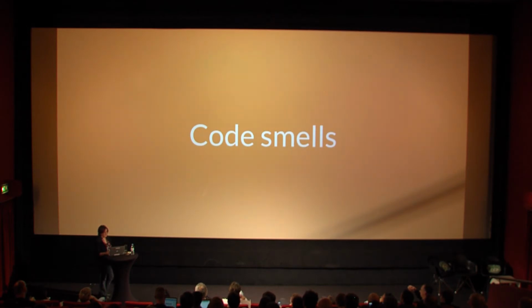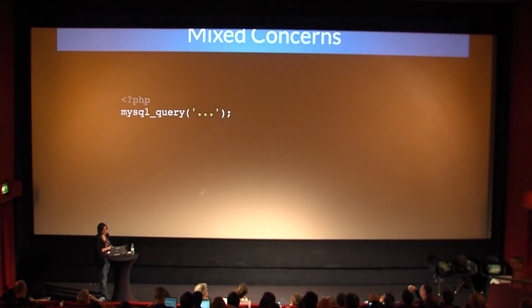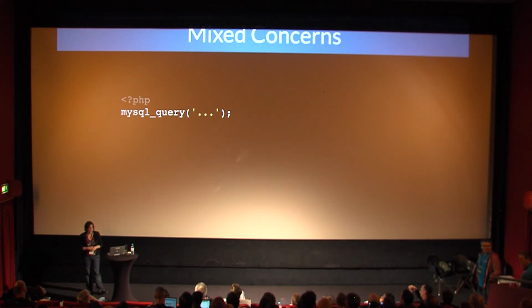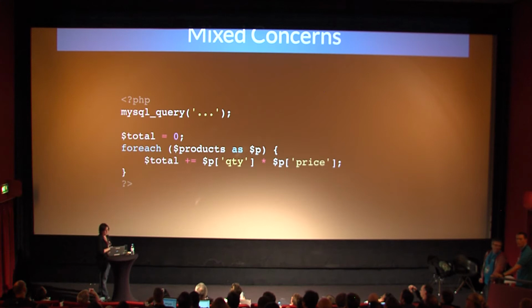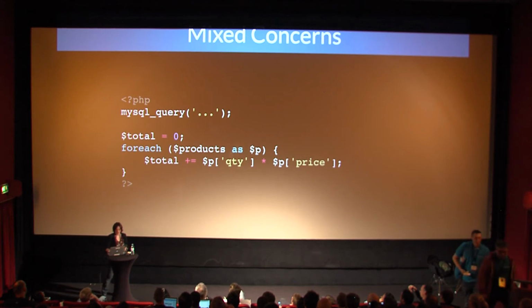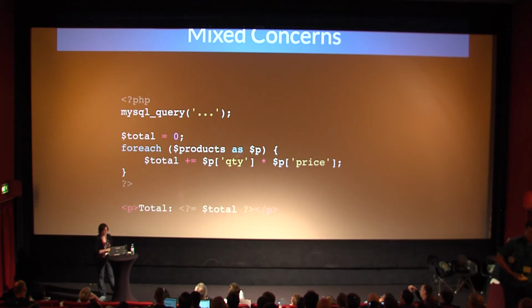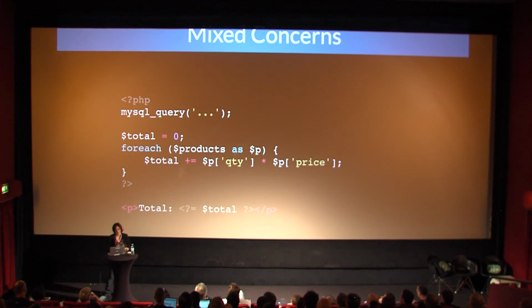So how do you identify legacy code? Well, mixed concerns. Of course, if in the same file you mix your SQL queries, and of course you don't use PDO, and then you have all your logic, and then at the end you have some HTML in it, everything in one PHP file. So that's like PHP 3, that was normal.